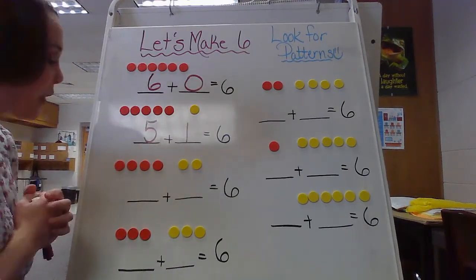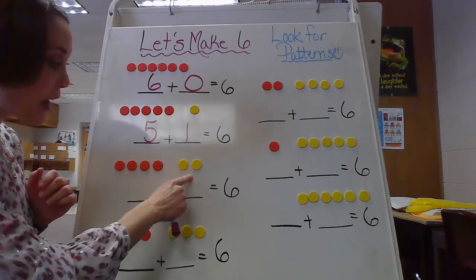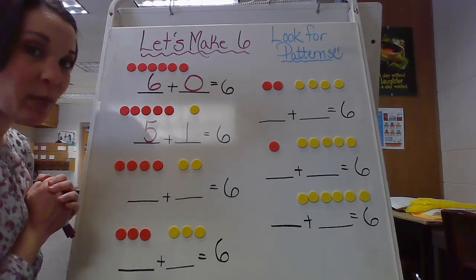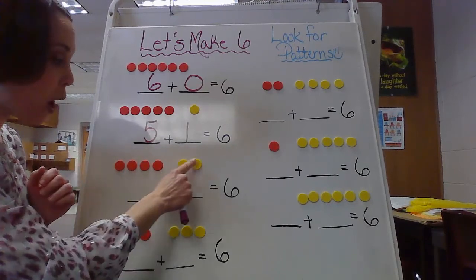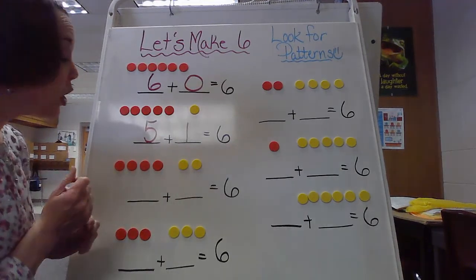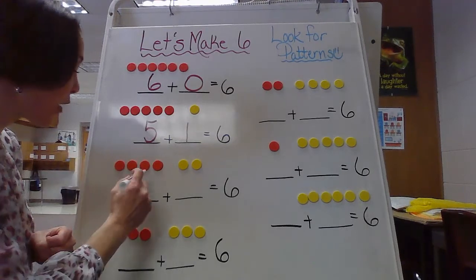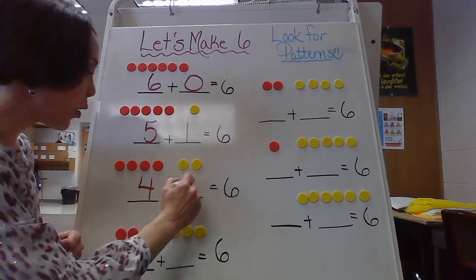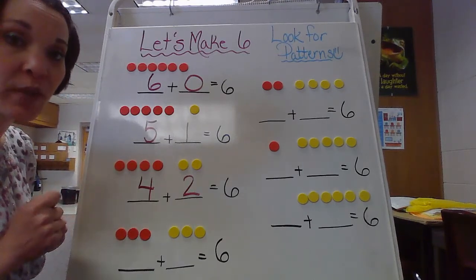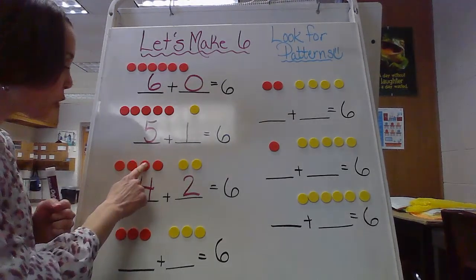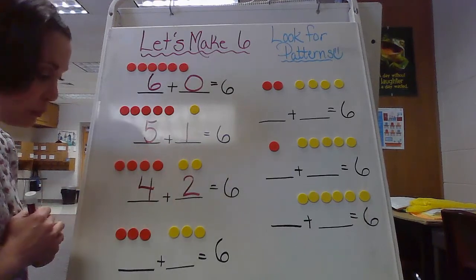Let's go to our next one. I have, again, red and yellow. Let's see how many we have. 1, 2, 3, 4 red, 1, 2 yellow. So therefore, our number sentence here is going to be 4 plus 2 equals 6. Let's count them all up. Make sure that's what we got. 1, 2, 3, 4, 5, 6.